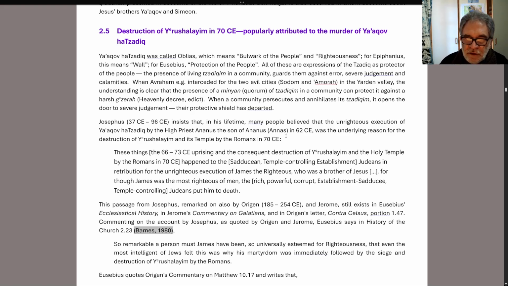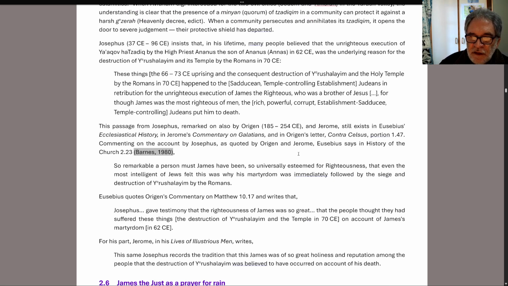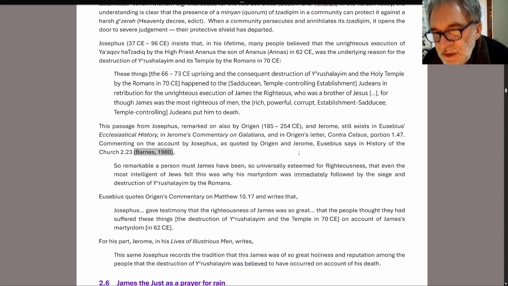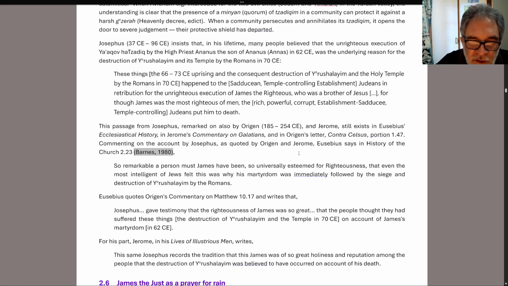Commenting on the account by Josephus, as quoted by Origen and Jerome, Eusebius says as follows in History of the Church: So remarkable a person must James have been, so universally esteemed for tzedakah, for righteousness. But even the most intelligent of the Yehudim felt this was why his martyrdom was immediately followed, within a couple of years, by the siege and destruction of Jerusalem by the Romans.